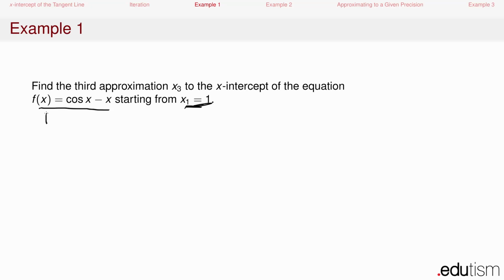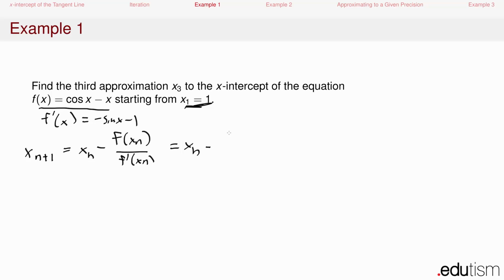To do that, we first need to take the derivative. F prime of x is going to be negative sine x minus 1. So this means that our formula is going to be xn plus 1 equals xn minus f of xn over f prime of xn, which means it's going to be xn minus cos xn minus xn, over negative sine xn minus 1.